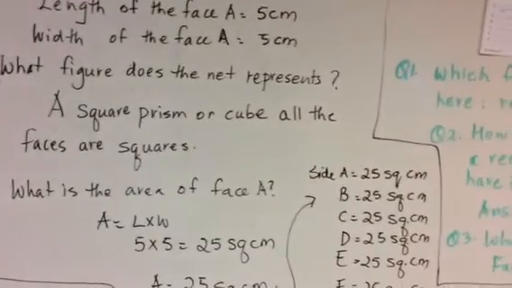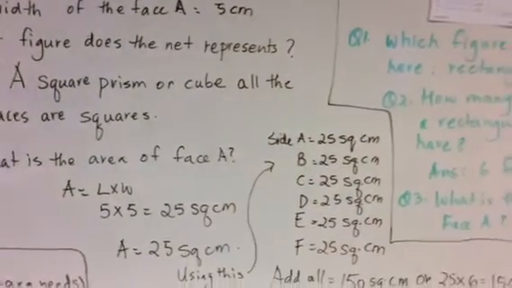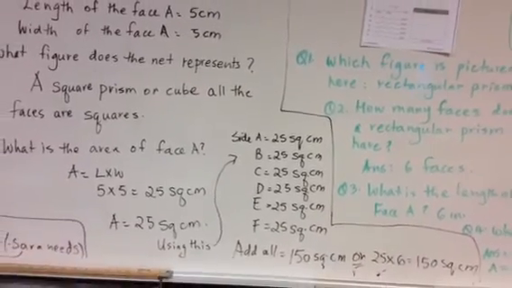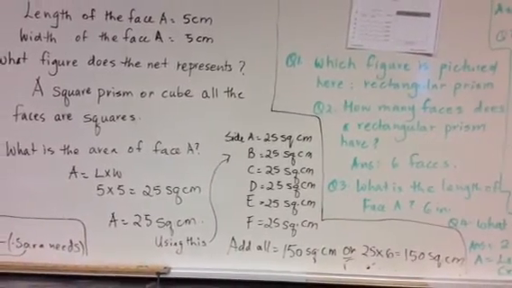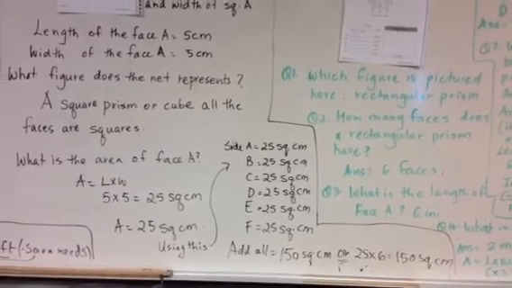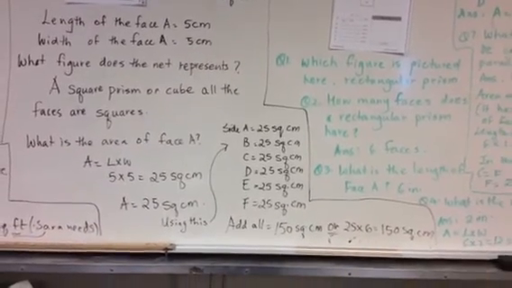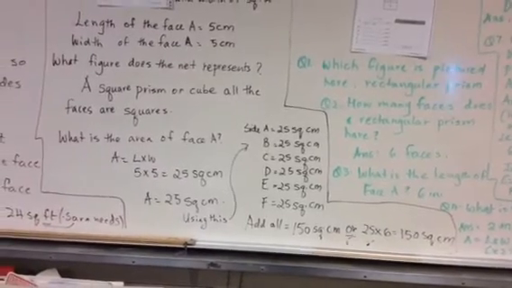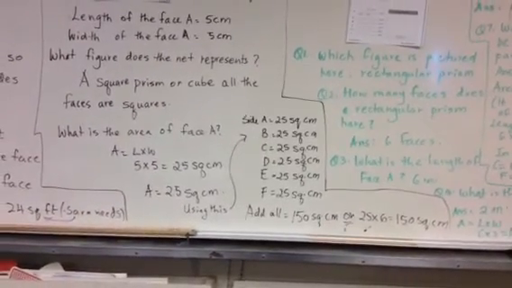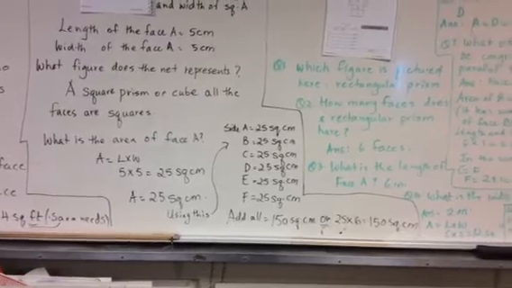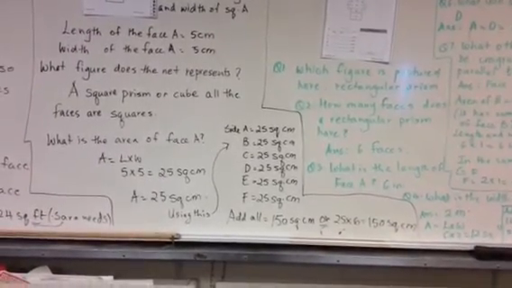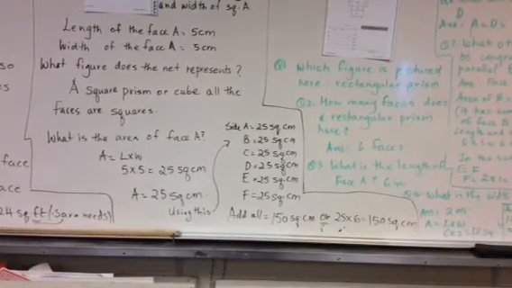So back here I did a calculation for you. Side A is 25 square centimeters. Side B is 25 square centimeters. Side C, D, E, and F are each 25 square centimeters. So add all the 6 sides, it will be 150 square centimeters.